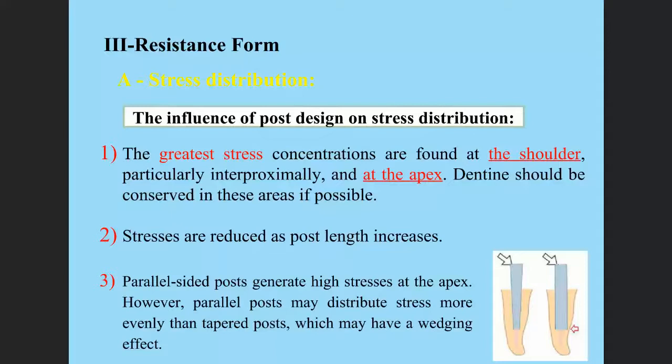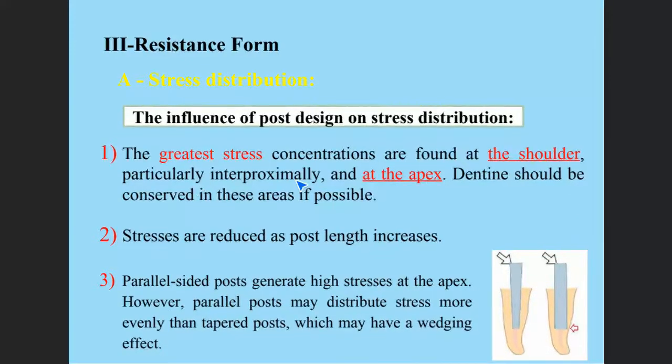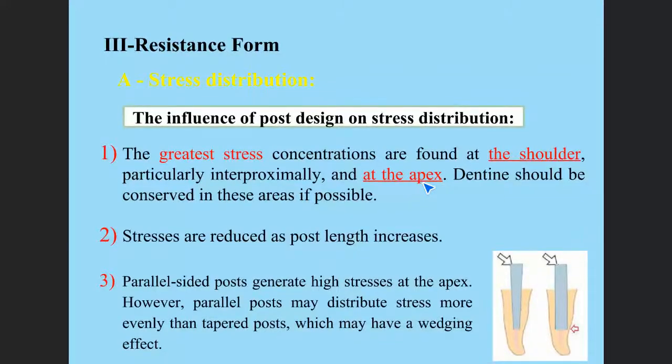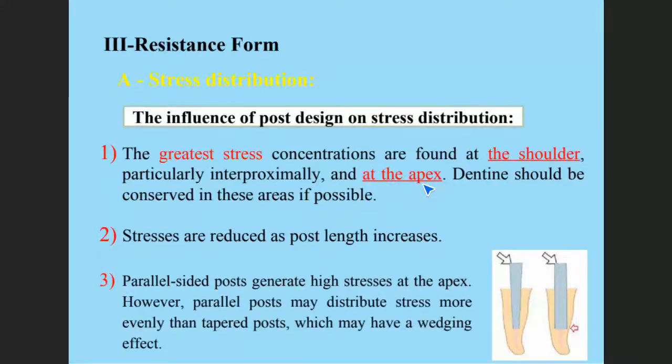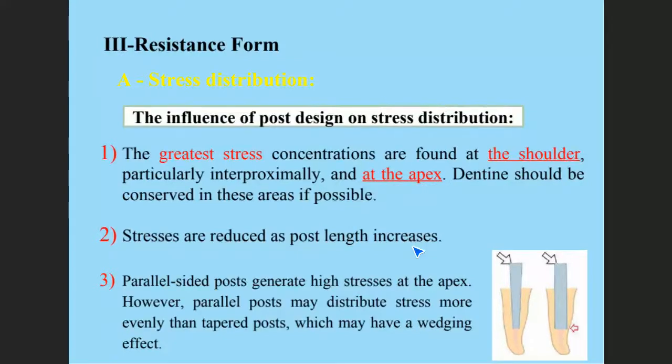What is the influence of post design on stress distribution? Remember, the greatest stress occurs at the shoulder, especially in the interproximal area, and at the apex. So what you have to do is conserve dentine in those areas. Also, stress is reduced as post length increases, so we have to increase the post length to the recommended length.